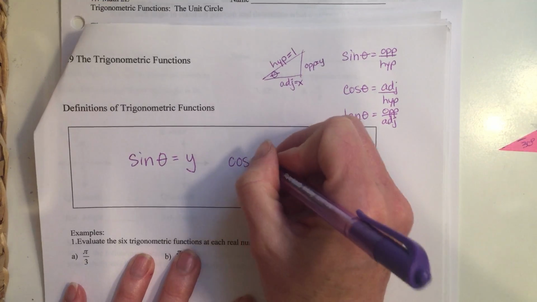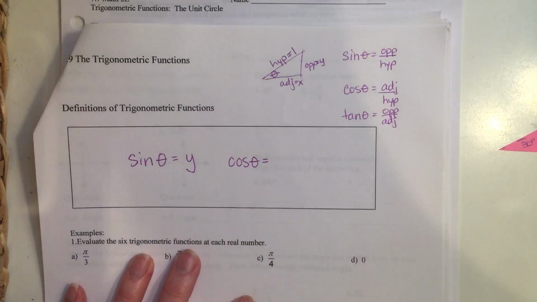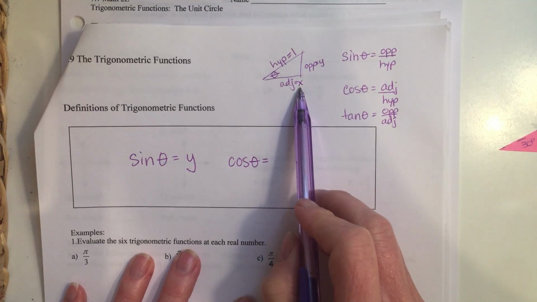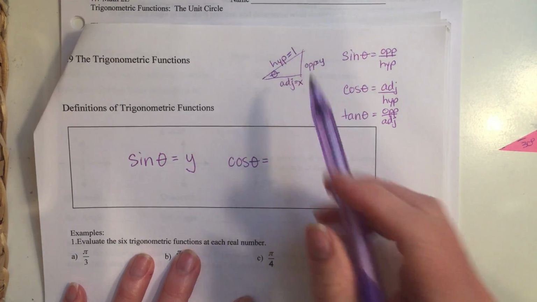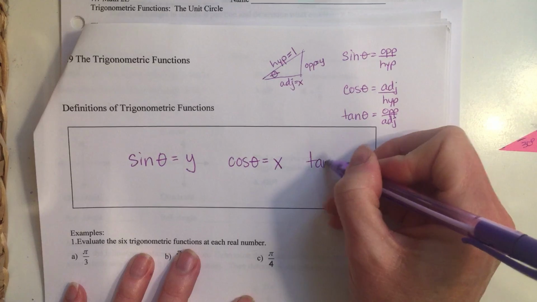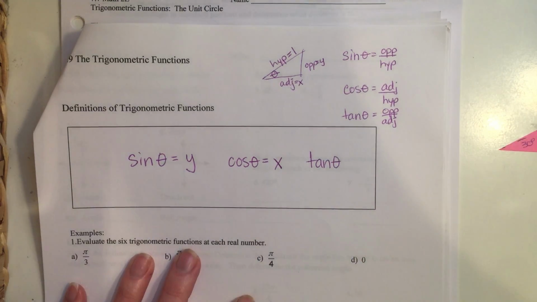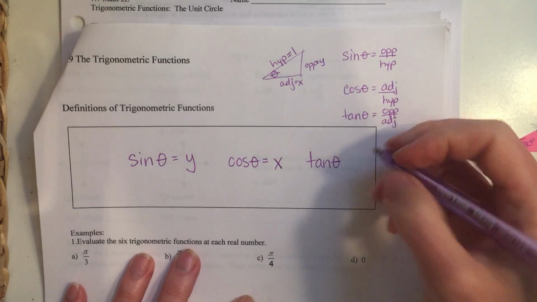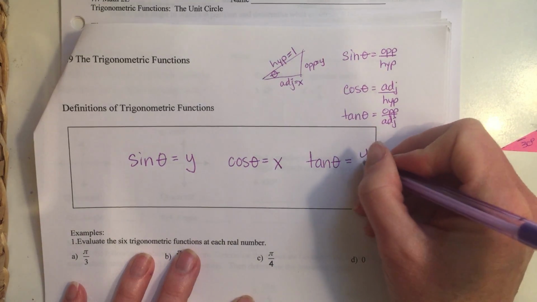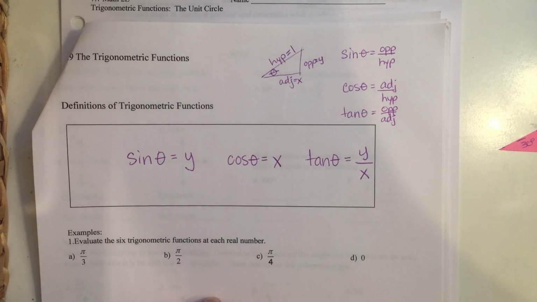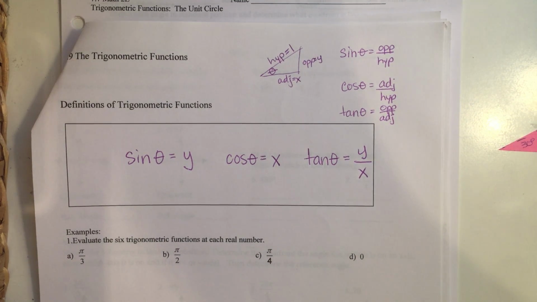Cosine theta, using the unit circle, is adjacent over hypotenuse. That was my x coordinate over 1, or my cosine theta will be equal to whatever my x coordinate is. And finally, tangent theta. Tangent theta is opposite over adjacent. So in this case, my tangent theta will be my y coordinate divided by my x coordinate. And we're going to look at a few examples of that.